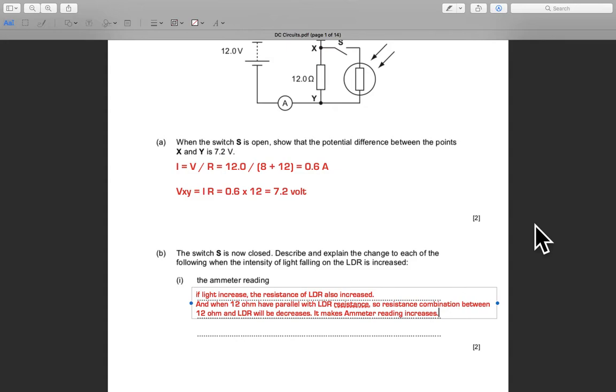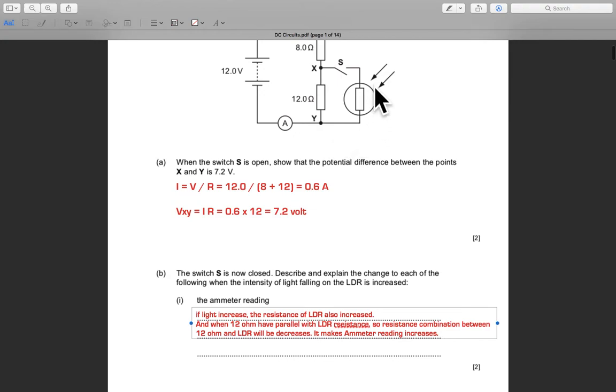Okay guys, I explain again about the effect on the ammeter reading when the switch S is closed. The 12 ohm and LDR form a parallel combination, which decreases the resistance. Say this is 12 ohm and this is, say, 5 ohm.